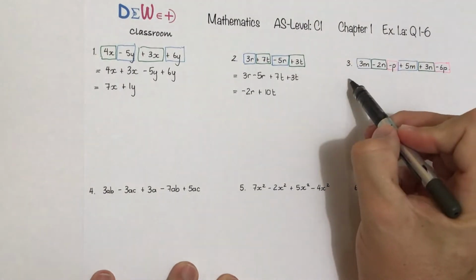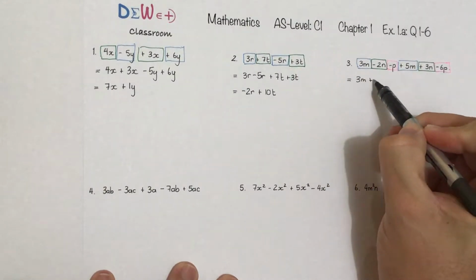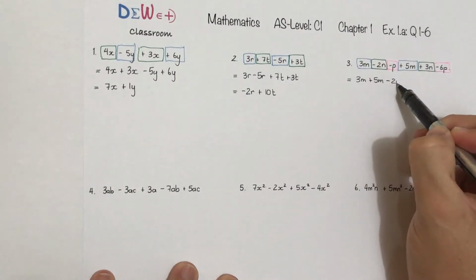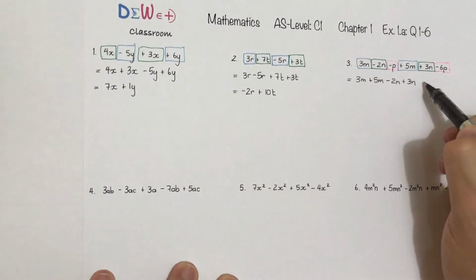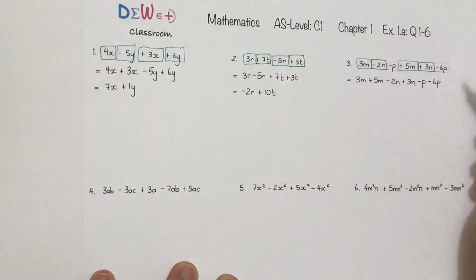We write these terms together. So 3m plus 5m minus 2n plus 3n minus p minus 6p.